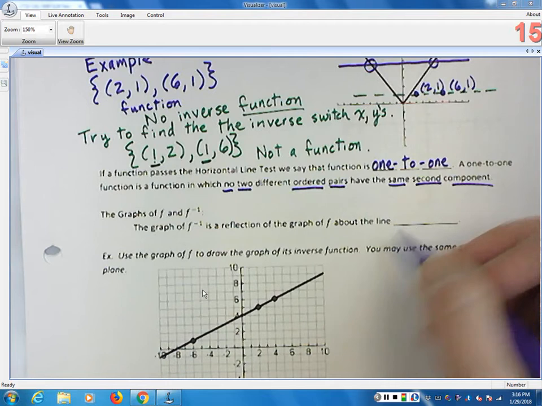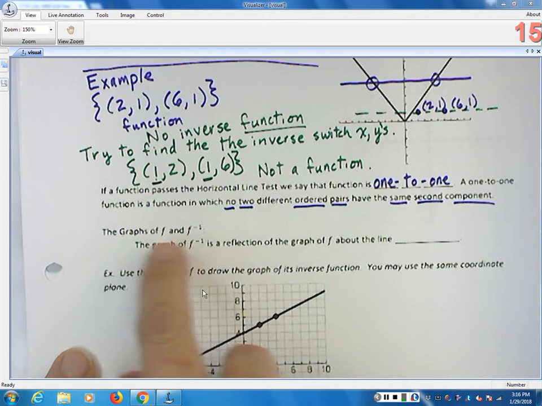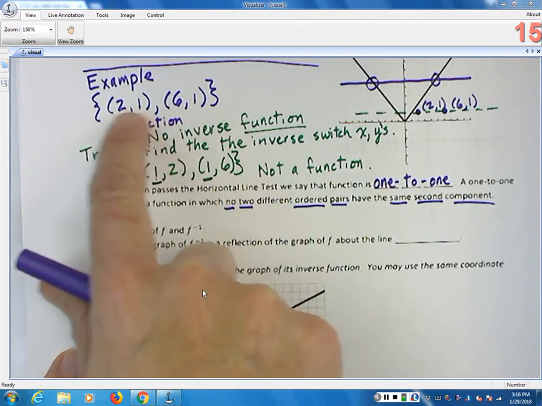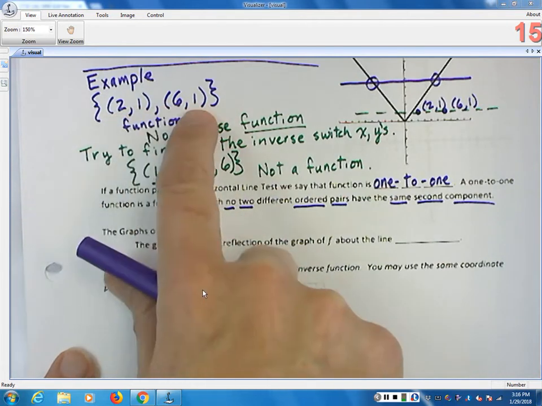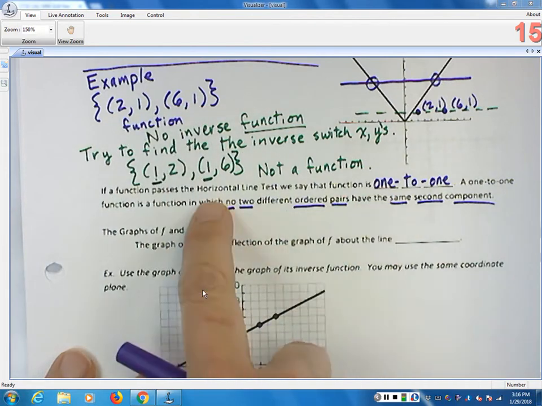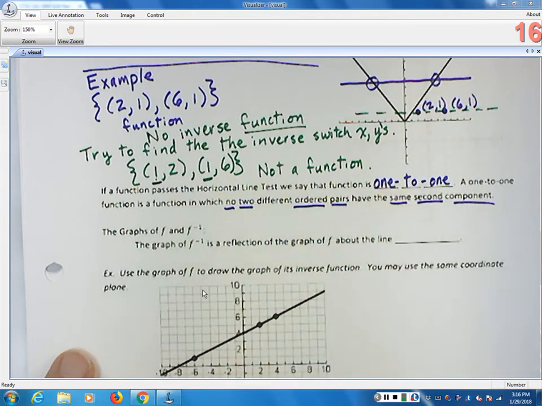So I gave you that extra example. This was a function, but it doesn't have an inverse, and it's not one-to-one. If it has an inverse, it passes the horizontal line test. We say it's one-to-one.